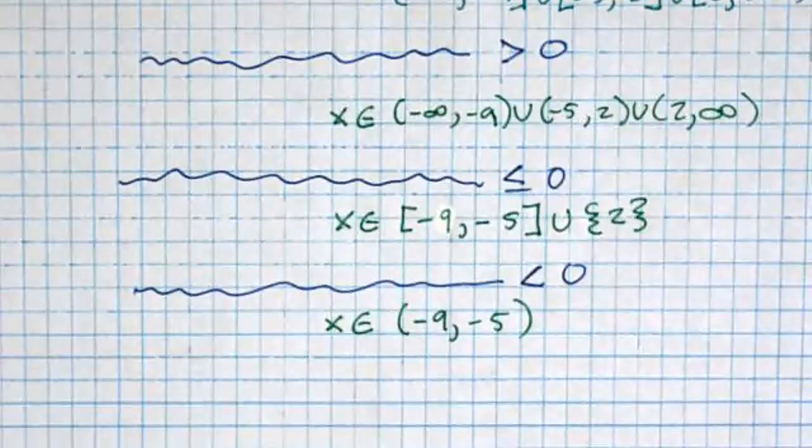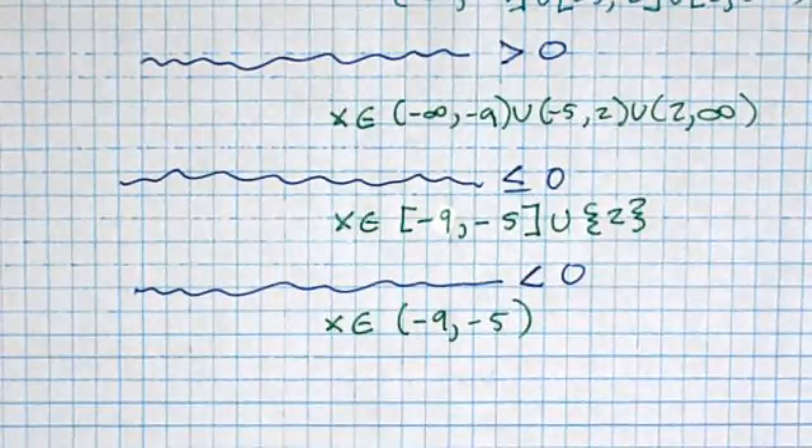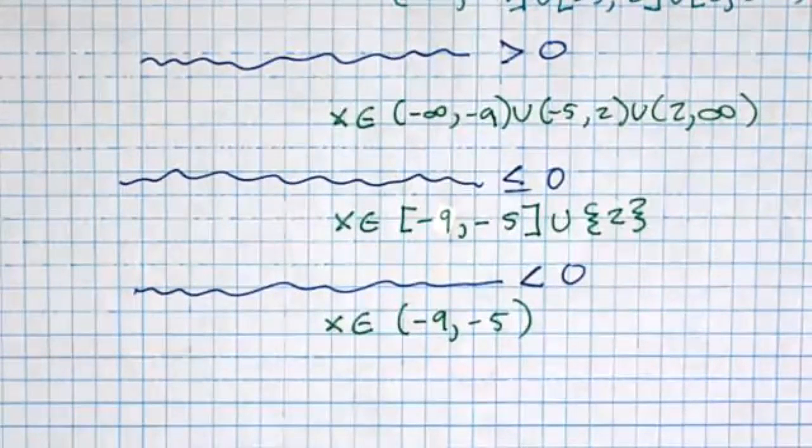All right, does this look kind of familiar? Have you done something with sign charts before? Okay. There's different ways to do these, and I'm about to show you one that's even faster than this. That's particularly useful for polynomials, and you can use it for rationals as well. We're going to do an example with a rational as well.